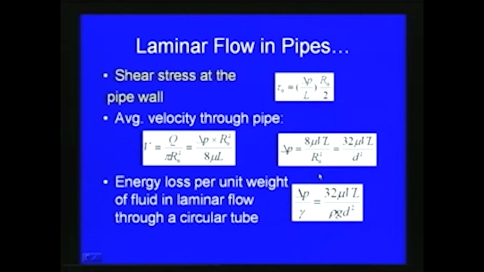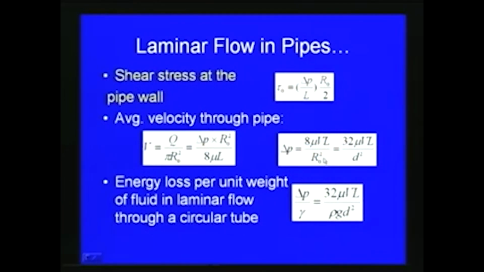If you want to find the pressure drop along the pipe, delta P is equal to 8 mu V L by r0 square, that is equal to 32 mu V L by D square. The energy loss per unit weight of fluid in laminar flow through a circular tube or pipe we can write as delta P by gamma, equal to 32 mu V L by rho g D square.